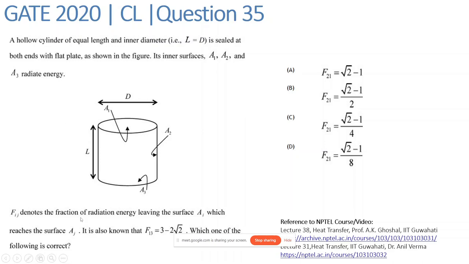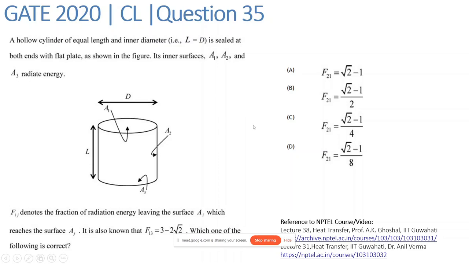Fij denotes the fraction of radiation energy leaving surface Ai which reaches surface Aj. It is also known that F13 is equal to 3 minus 2 root 2. Which one of the following is correct? We have been given 4 options corresponding to F21 and we have been asked to find its value.